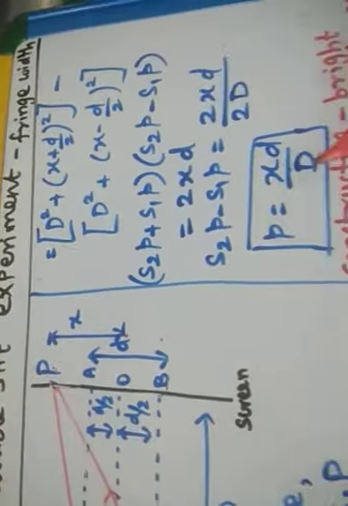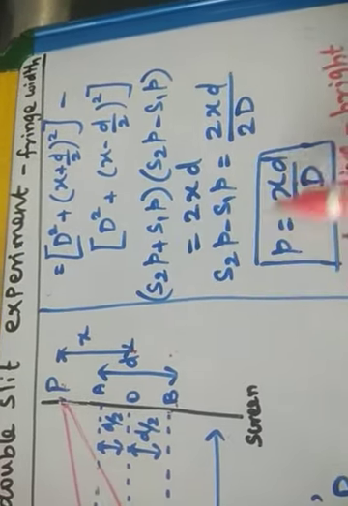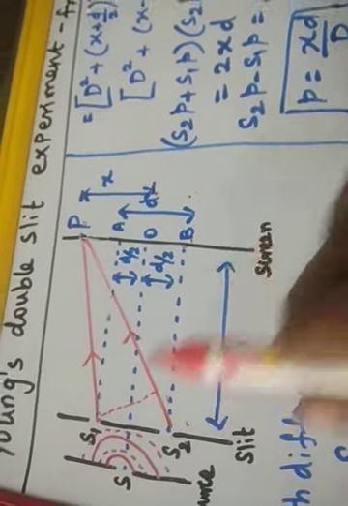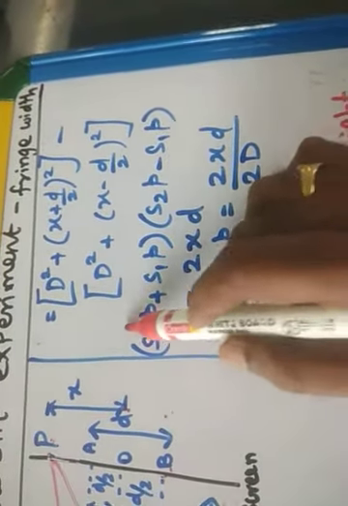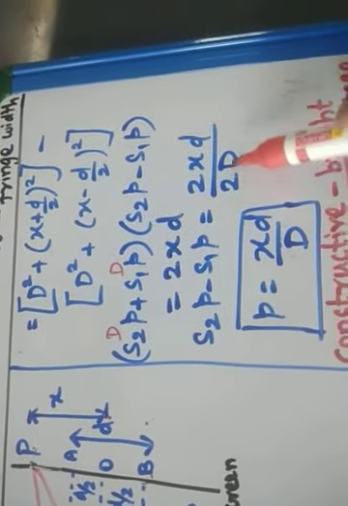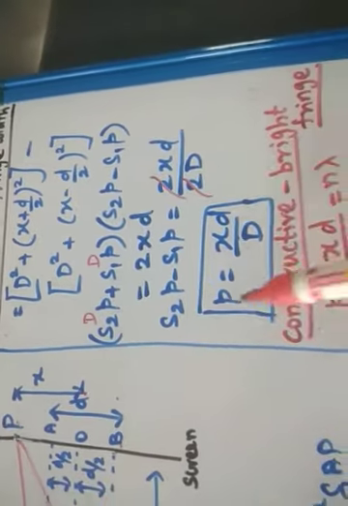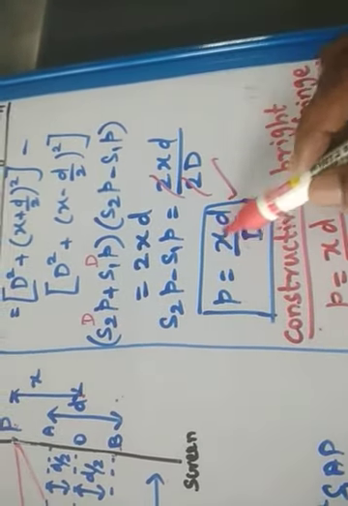Keep S2P minus S1P as it is and bring S2P plus S1P to the denominator. S2P is D and S1P is also D, so we get 2D in the denominator. The 2 gets cancelled, and we get the path difference S2P minus S1P equal to xd by D.